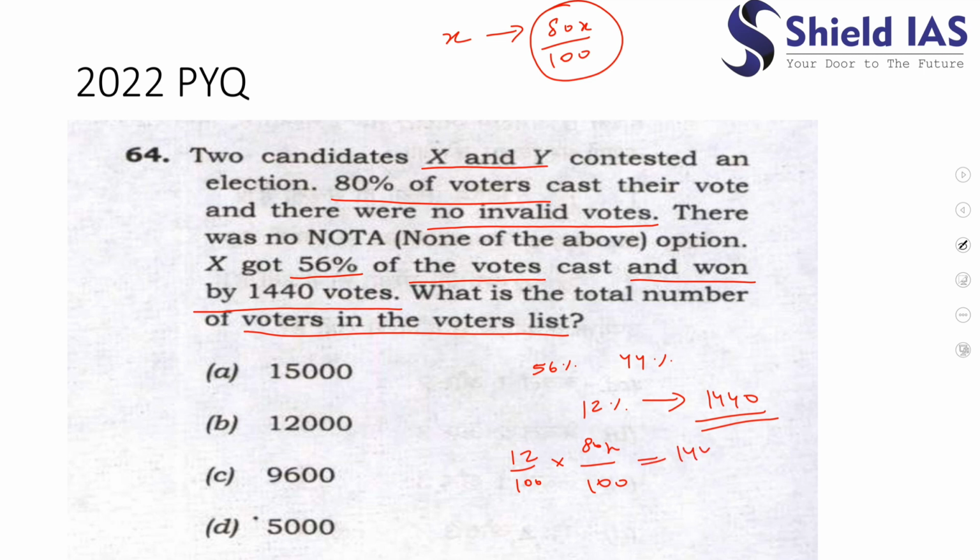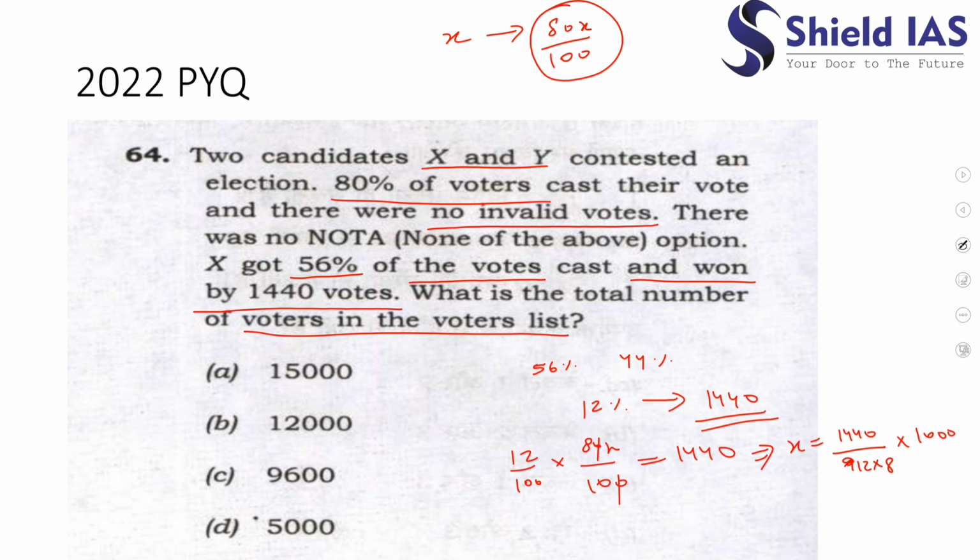This is given 1440. What you have to do now is calculate. Okay, 12 into 8 is 96. So X would be 1440 divided by 96, or I would say 12 into 8 into 1000. So this would become the answer.